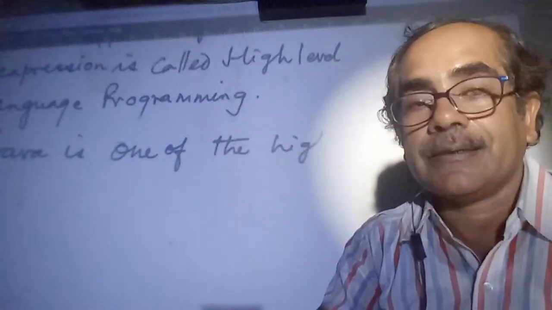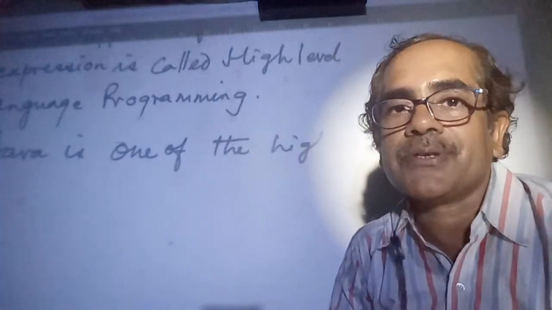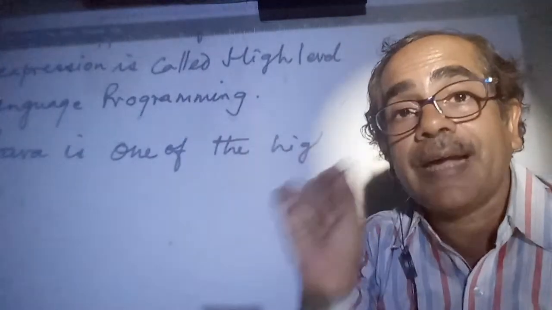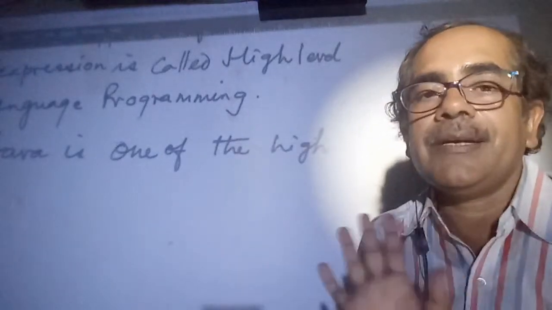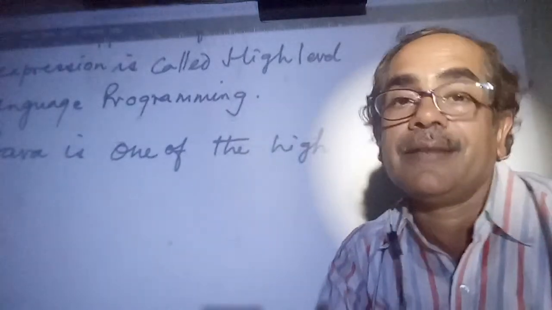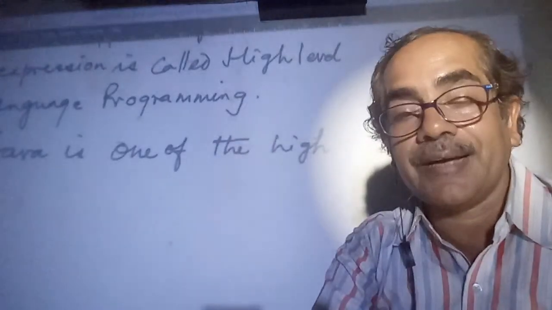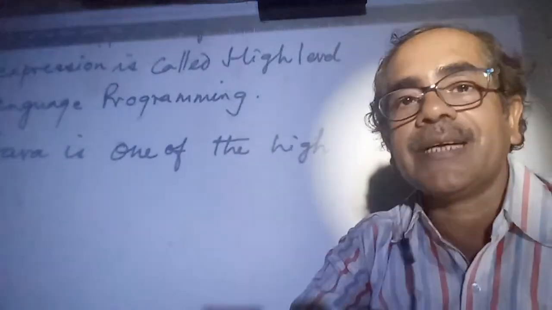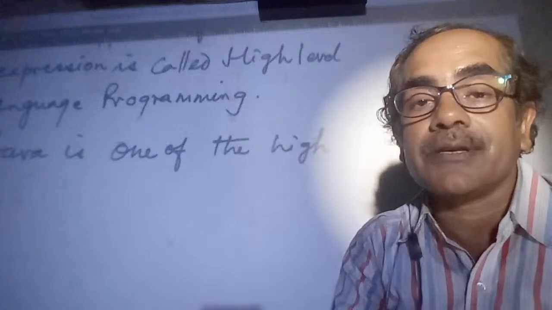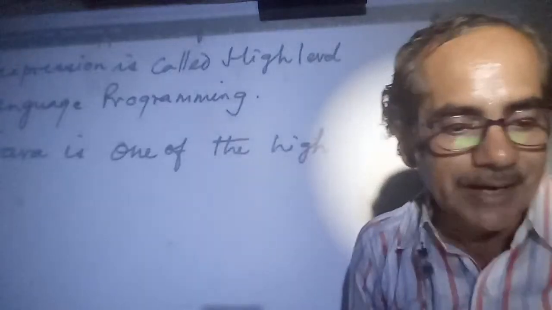If the line is correct, then it is translated into machine language and given to the microprocessor for execution. If that line has some error, then immediately it prompts that a syntax error or some other error is there, please correct it. Then it goes to the second line and checks for errors. If it is error free, it is converted into machine language and given to the computer for execution. So the interpreter reads the program, the method, line by line.